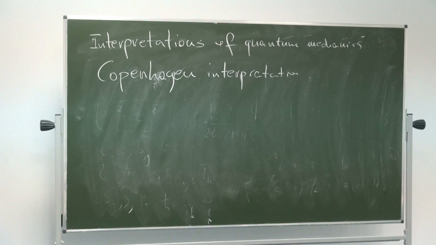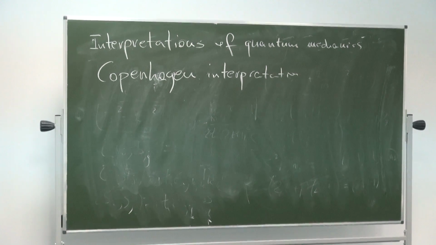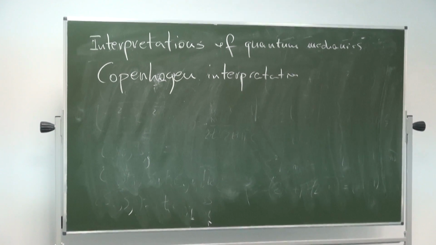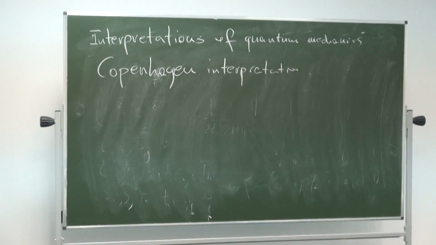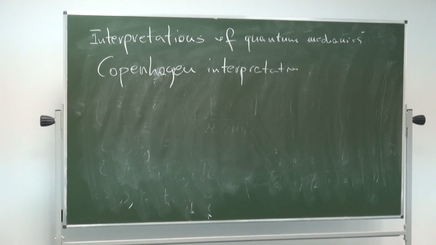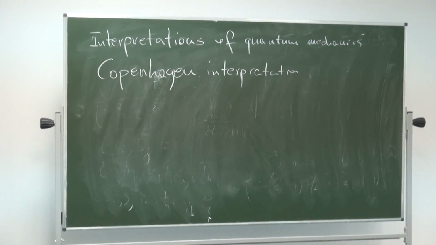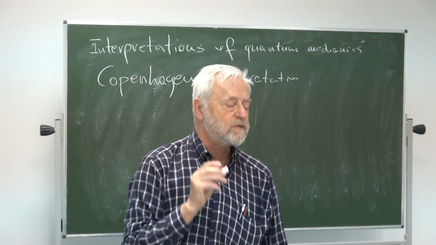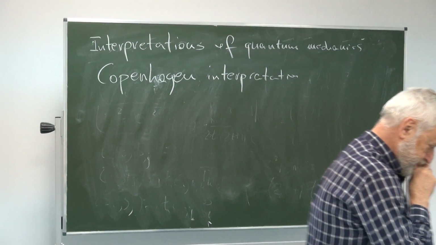So probably it's impossible to find a set of statements that are really canonical in this interpretation. And yet, I think it is the most widespread, not the only one by any means. So let me just say a few words, maybe 10 minutes or so, about it.